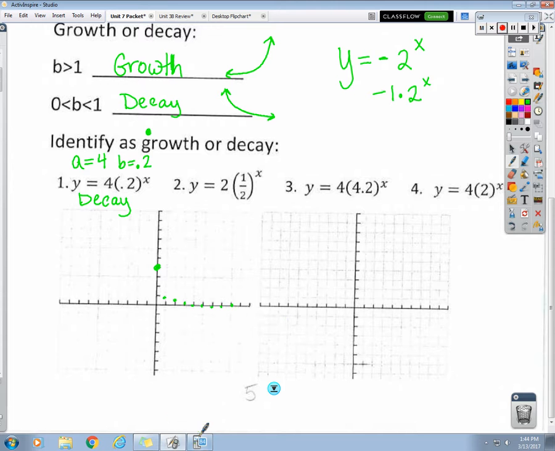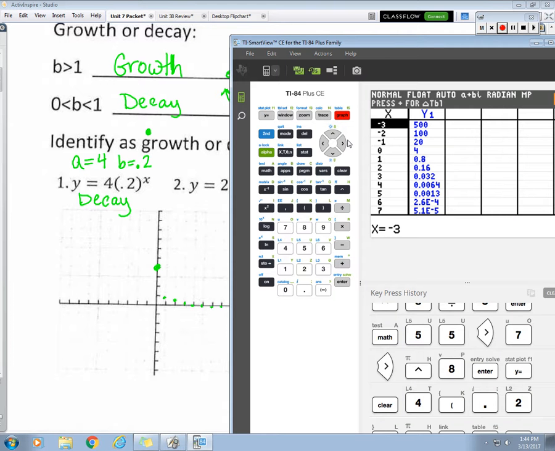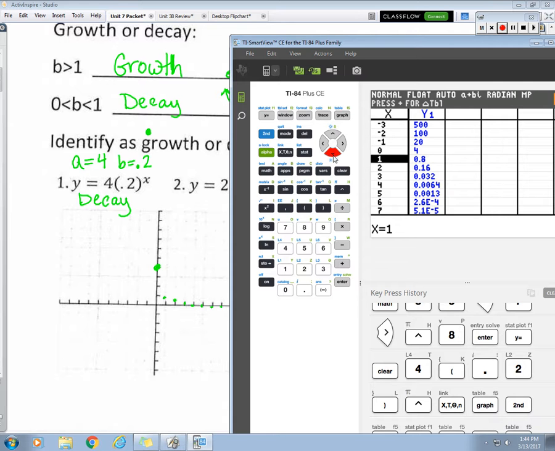Now, will it cross through the x-axis? Watch. If I keep going right, 3, 4, 5, 6, 7, if I keep traveling to the right, do you ever see it go below into the negatives? No. It's scientific notation because it's so close. There's so many zeros because it's so close to 0.